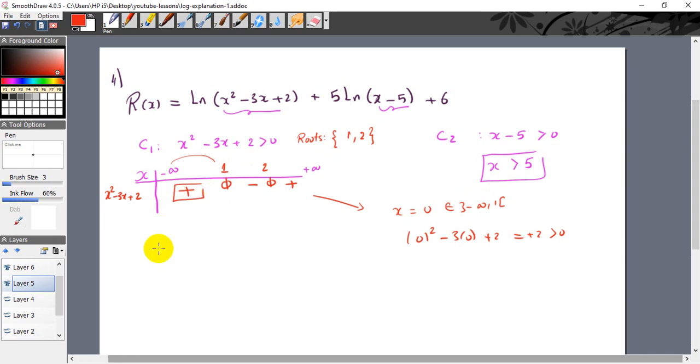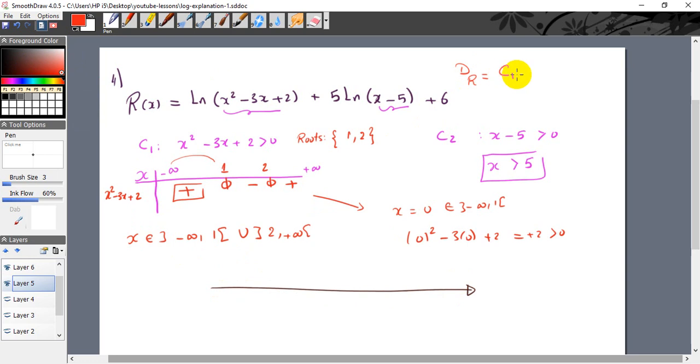Now, the first condition says that x is a value between minus infinity, 1 union 2, plus infinity. With the help of the number line, we are going to find the intersection between the two conditions, since as we have mentioned previously, the domain of definition of this function R should be C1 intersection C2.